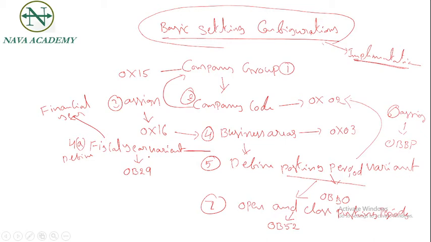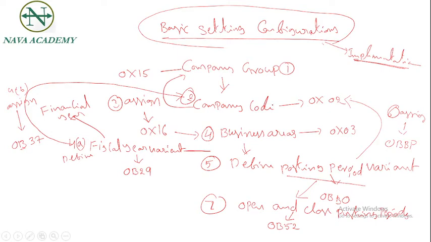After creation of the fiscal year variant, you assign this fiscal year variant to the company code. T code OB37.